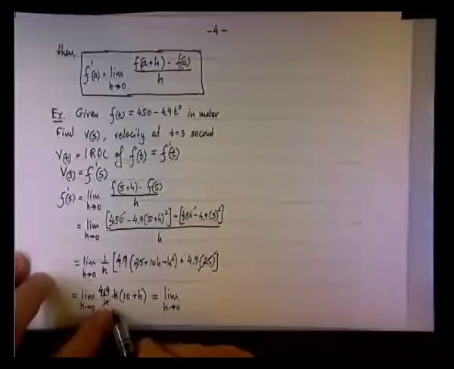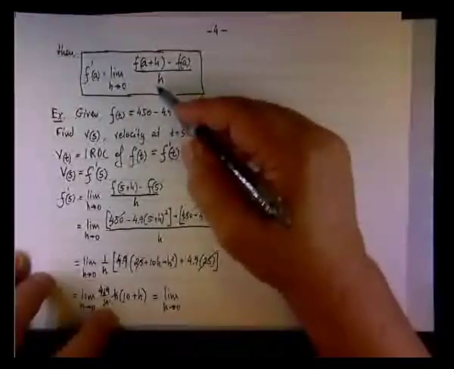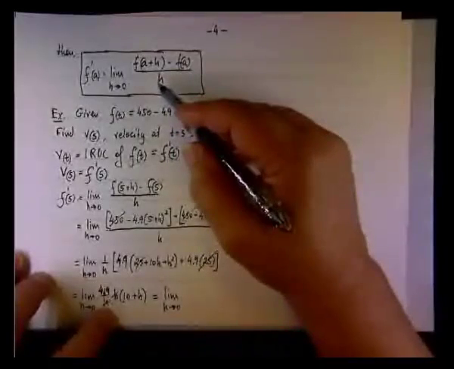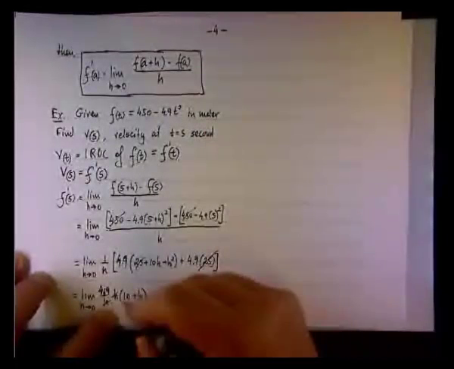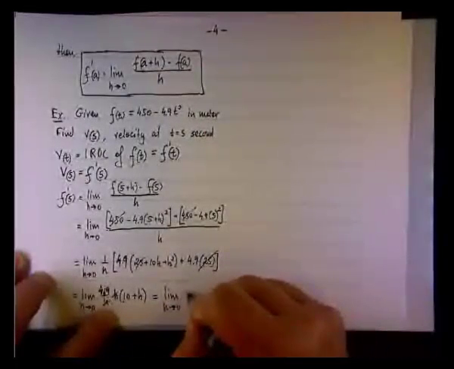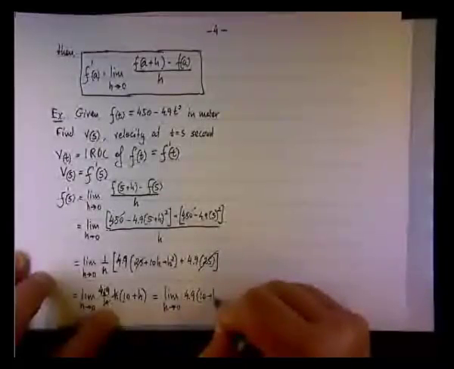And this is the motivation to use h rather than, in this case, x minus 5, if I use the original definition. What we end up having is the limit of 4.9 times 10 plus h.